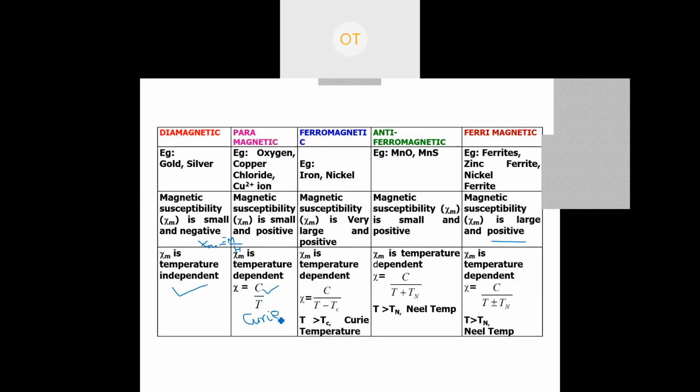In ferromagnetic materials, chi is equal to C by T minus Tc. Tc is called the Curie temperature. That means ferromagnetic materials show ferromagnetism from a certain temperature up to Tc only. If you increase the temperature beyond Tc, the Curie temperature, they are no more ferromagnetic materials.